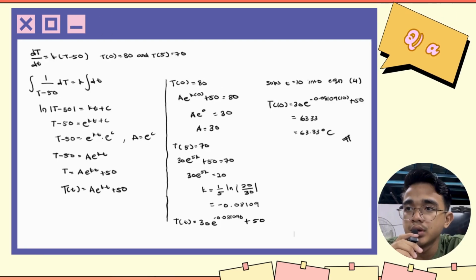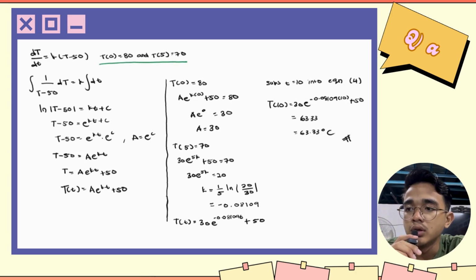Okay, so first question A. Let T be the temperature of the body at any time t. Then dT/dt equals k(T - 50), subject to T(0) equals 80 and T(5) equals 70. Solve the differential equation by the integration method. Integrate 1 over (T - 50) equals k integrate 1 dt.